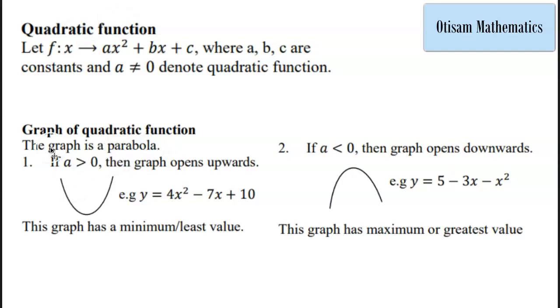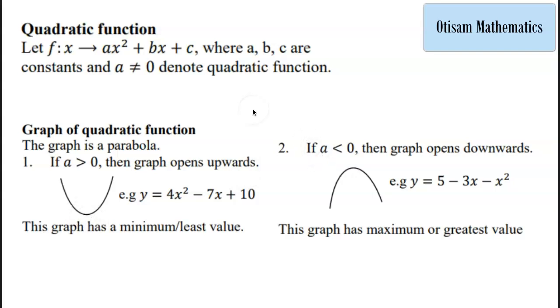We have two types. The first one is if the coefficient of x squared is greater than 0, that is positive, then the graph opens upwards. It has a least value or minimum value here.